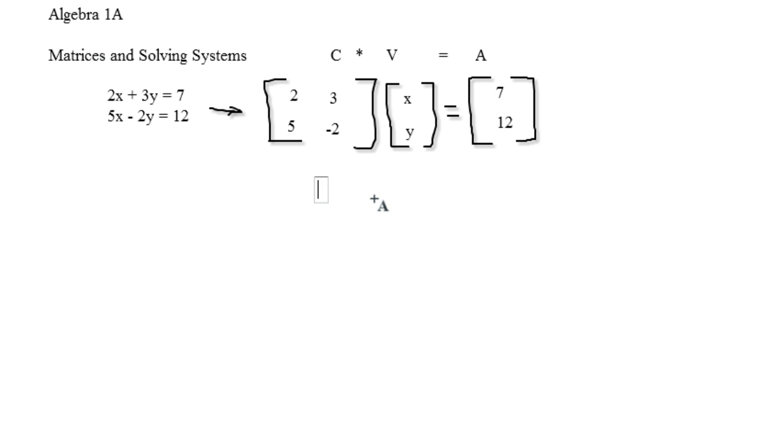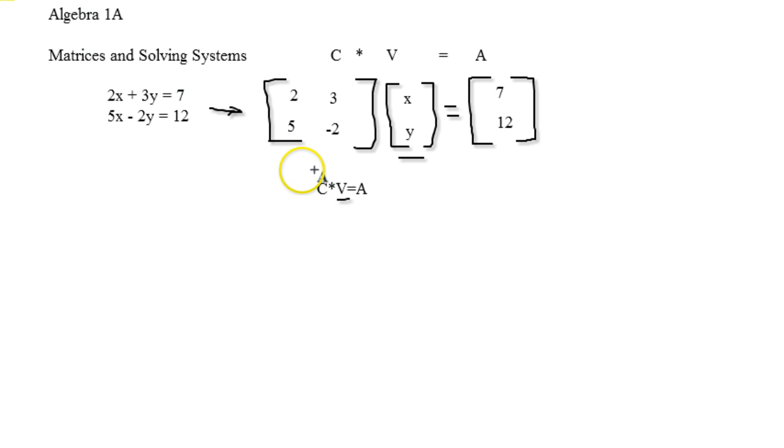Okay, now in matrix math, you still do multiplication, but it's a little bit different than what you're used to. But if you notice, this is just some variables, and the whole point is to find out what x and y are. So if we isolate V, we're good to go.